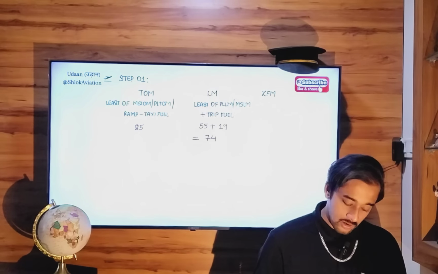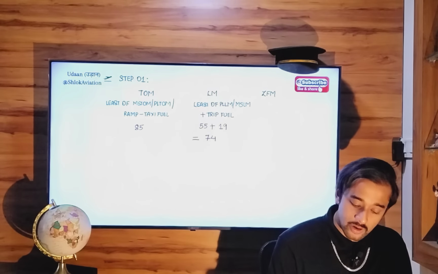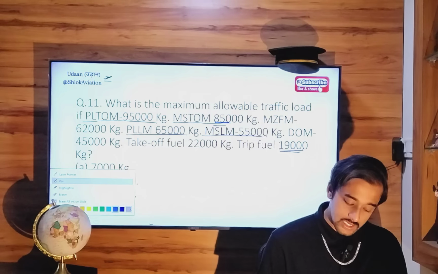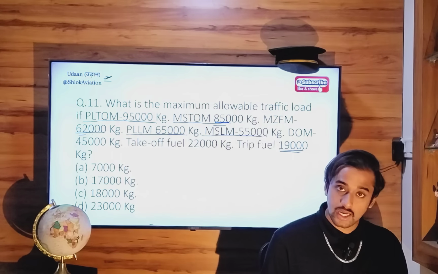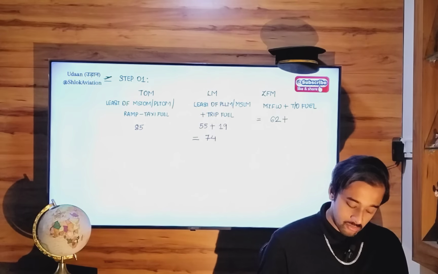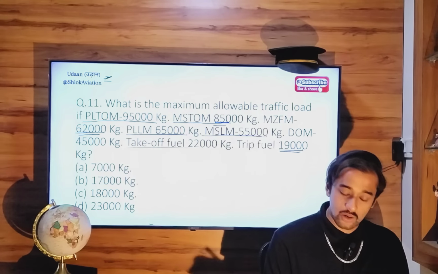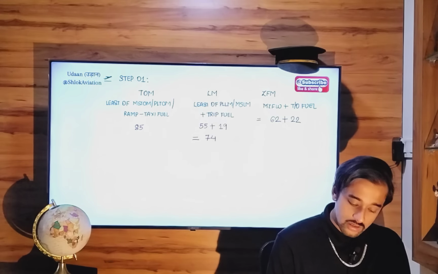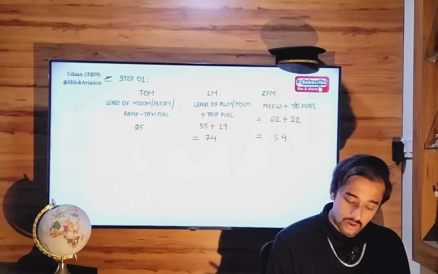Next, zero fuel mass. In the zero fuel mass column, you are going to write maximum zero fuel mass plus takeoff fuel or fuel on board, which is equal to how much? Maximum zero fuel mass is 62,000 kg or 62, and fuel on board is 22,000 kg, so 22. So 62 plus 22 is 84.